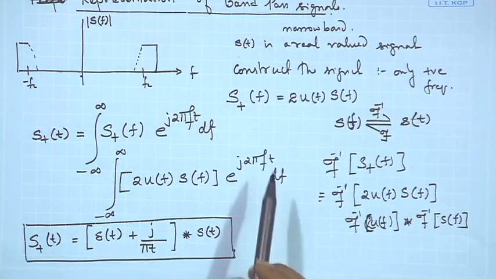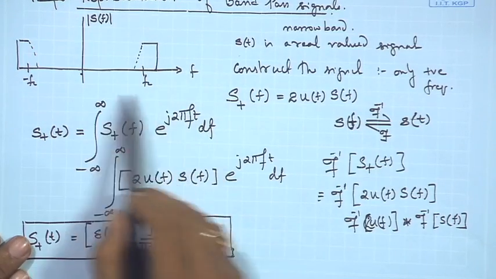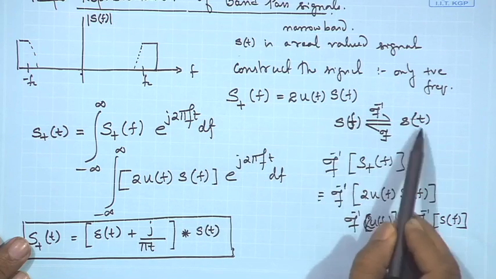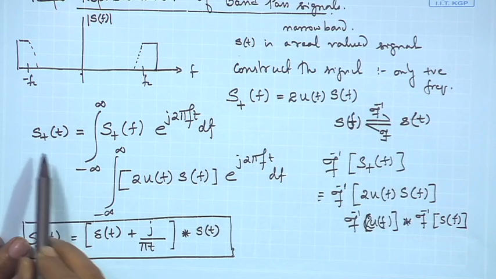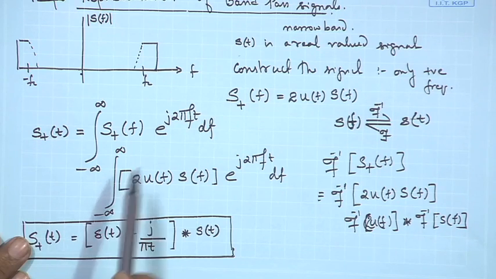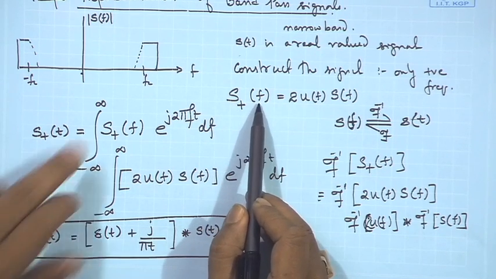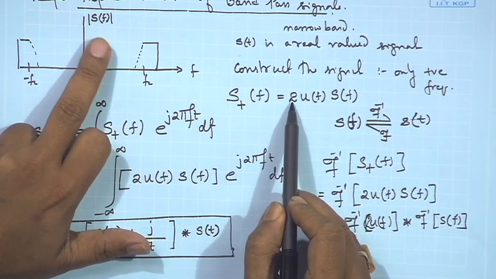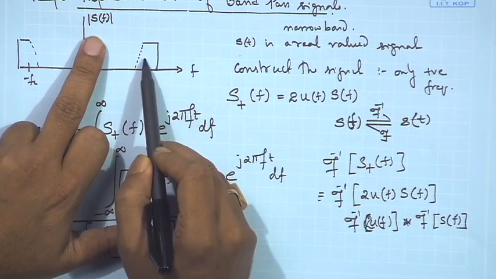So, we took only the positive set of frequencies and represented it by S plus of f, where these are the Fourier relationships, and we then went to the time domain version, which we call the analytical signal, and we represented S plus of f as S f times u of f times 2, because we are taking only half the signal power.